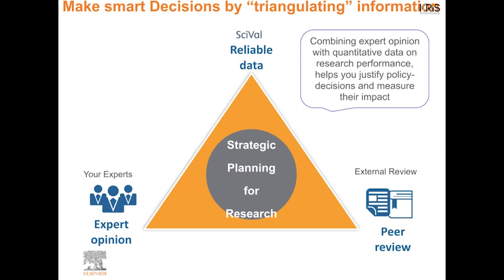So if you were to make a decision today, you could track the data and see what differences you see in research output, volume, and quality and impact over the next few years as a result of the change in policy.